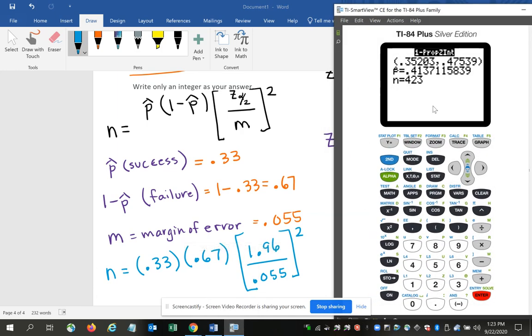And guys, I can do that all at one time, working left to right just like I see it. So I'd have 0.33 times 0.67 times, and in parentheses I'm going to put 1.96 divided by 0.055, close up the parentheses, square it, and enter.